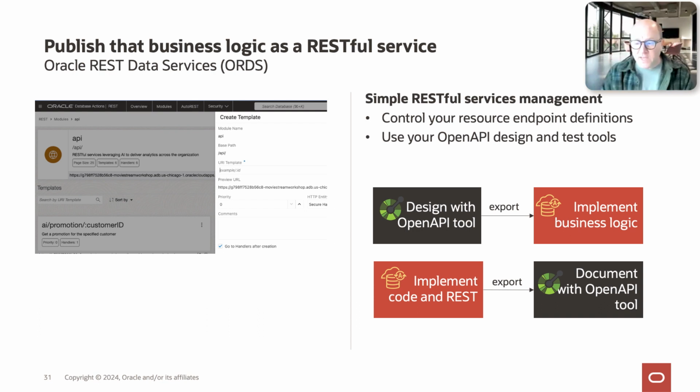The second way of doing it is, I have my code already implemented, and now I want to use Swagger or whatever to document the API, test it out, or use Postman. So you can export that from Autonomous into your tools of choice.